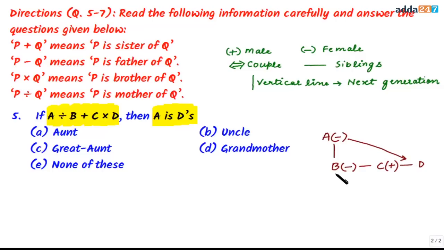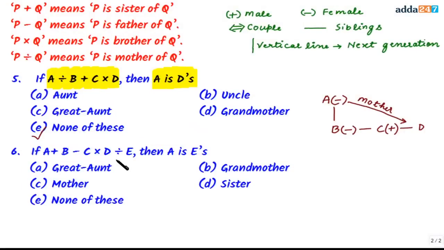We can see here that B, C, D are siblings and A is female. And since A is mother of B, then A is also mother of D. But none of the options here is mother, so none of these, E, is the correct option. Let's do question number 6.